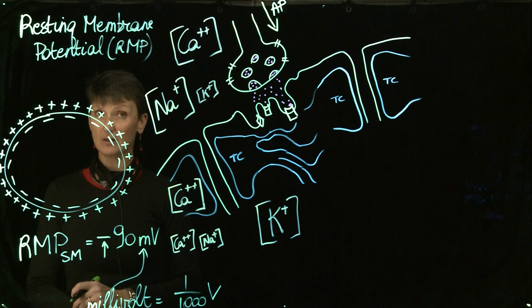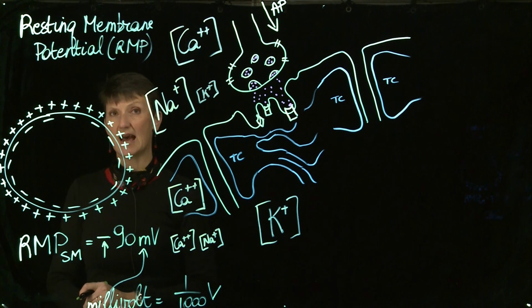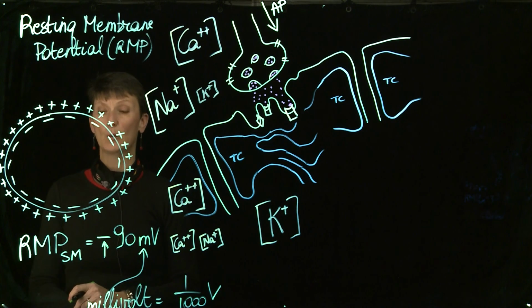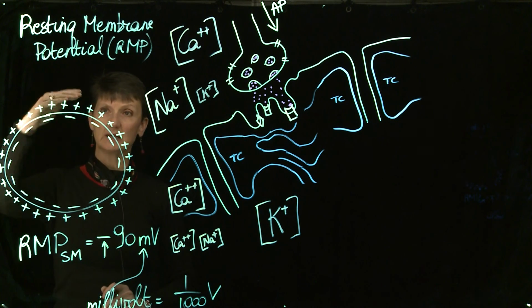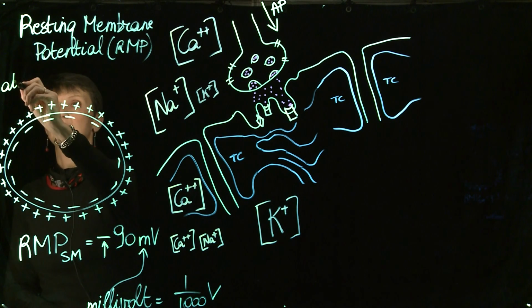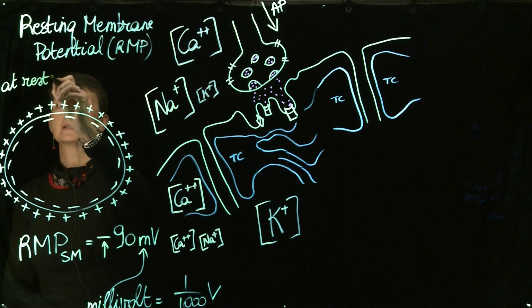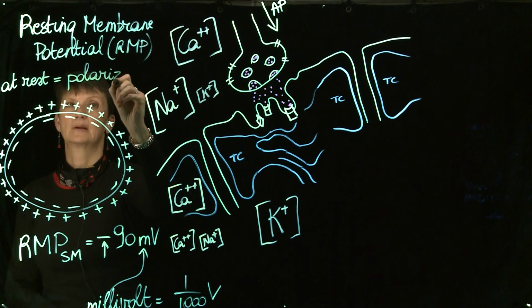Or yet another way, which we will use very often, is to say they become depolarized. And what does that mean, depolarized? Well, when a cell is at rest, like it is now, where we see this gradient in charges, we say that the cell is polarized. The cell is polarized.